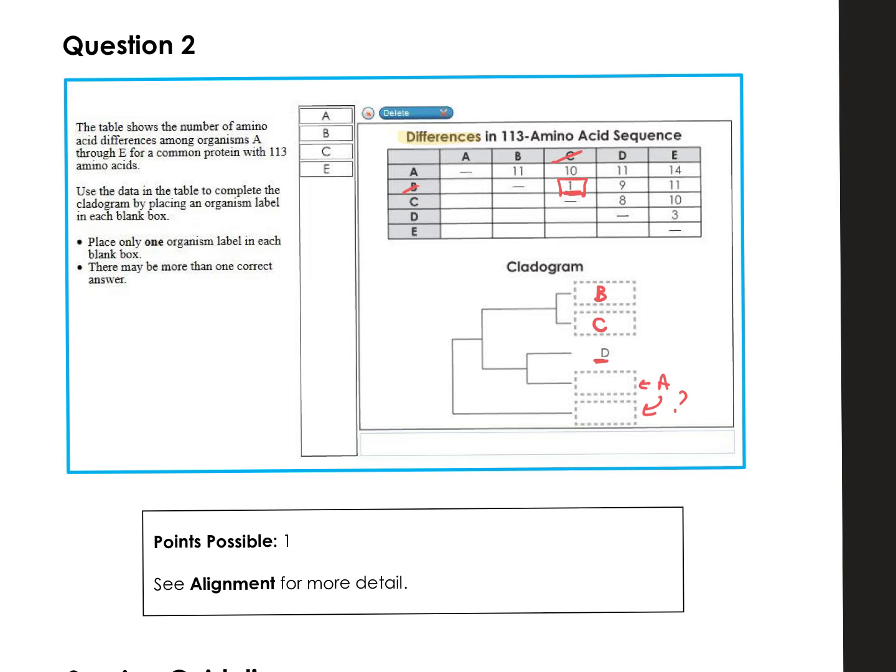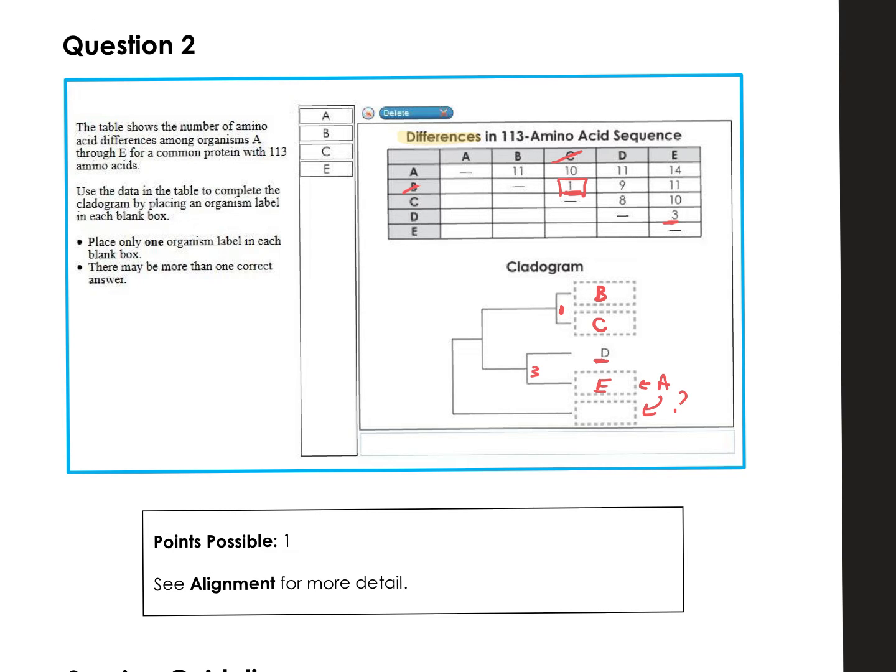So what if we placed E here? That means there's 3 differences between D and E, just like there's only 1 difference between these two.